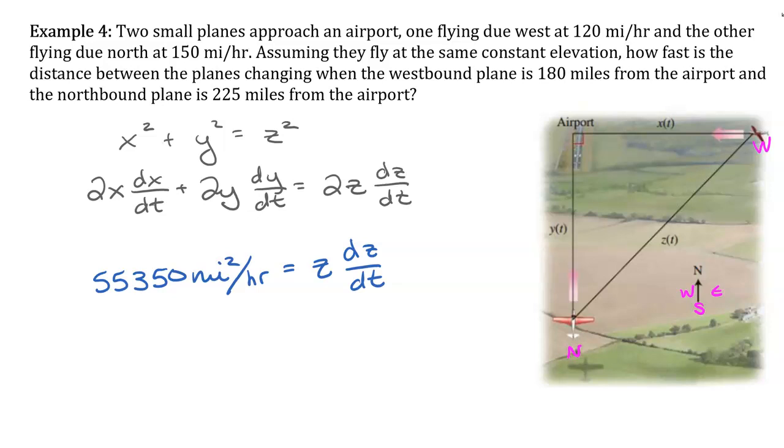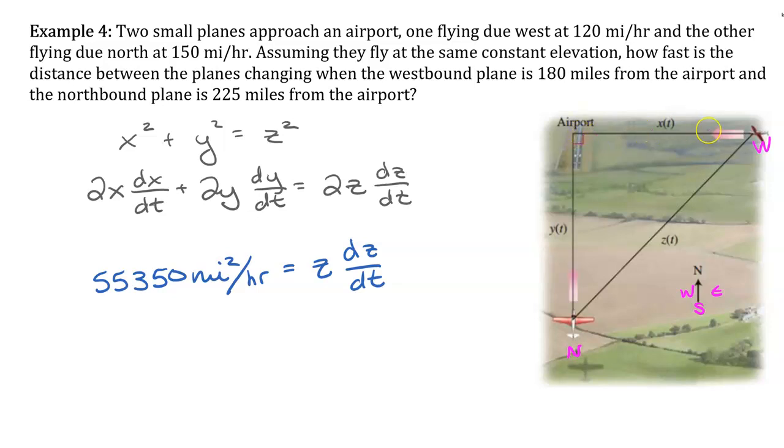Now, this is all fine. It's wonderful. Except we can only figure out one thing at a time. And what are we trying to find? Well, we're trying to find how fast is the distance between the planes changing. Okay, so we're actually looking for dz/dt, which means we need to know z. Well, fortunately for us, we do, or we can find it.